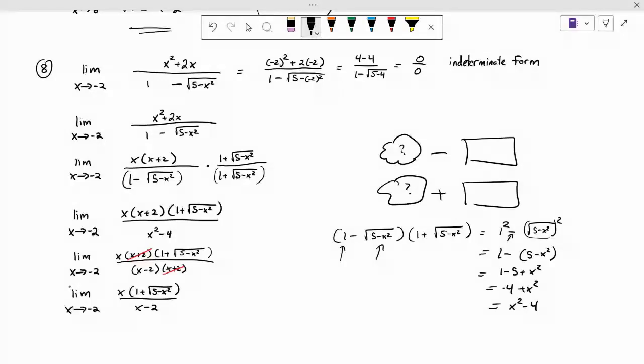So now we can evaluate directly, and you can tell me what we get. Oh, nice.